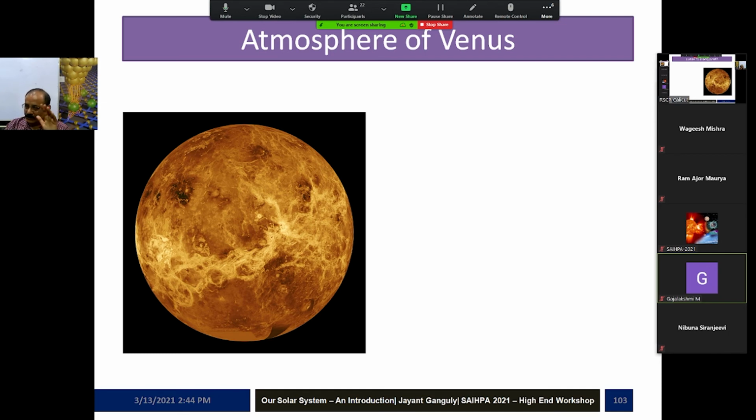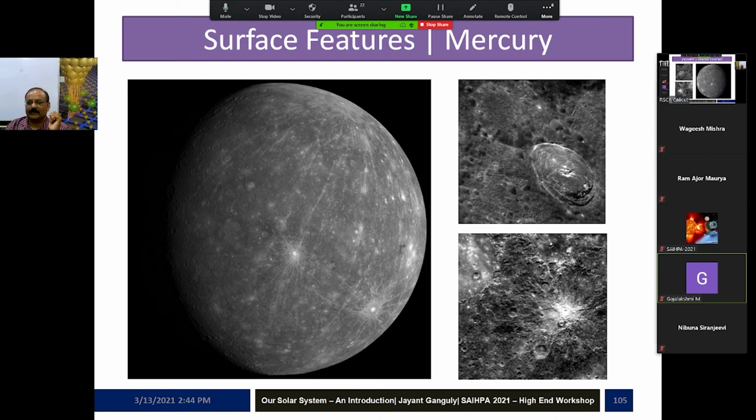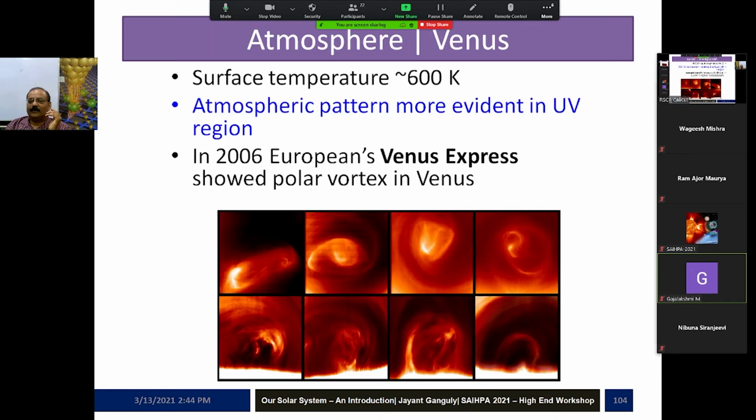There were even Russian probes which ultimately settled down and transmitted for around 50 minutes, and we got certain information about the surface features and atmospheric features of Venus. There were also European observations, where Venus Express in 2006 showed that there was a vortex in the polar region of this planet. So this has also been recorded.